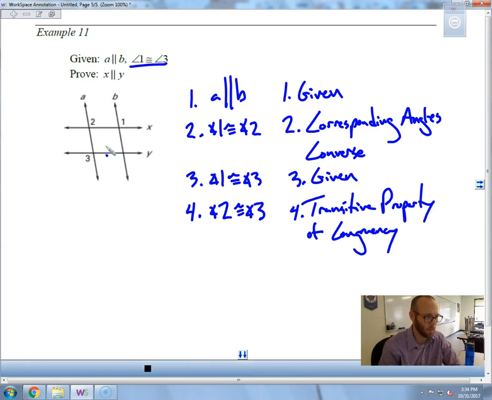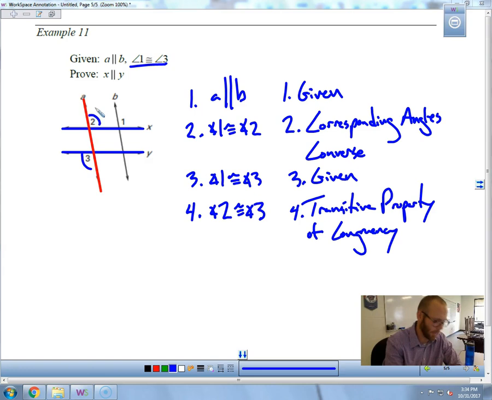Now, let's double check where we're at. We have angle 2 congruent to 3. We want to show line X is parallel to Y. Notice 2 and 3 are both formed by this transversal, and 2 and 3 are alternate exterior angles. If the alternate exterior angles are congruent, then the lines are parallel.